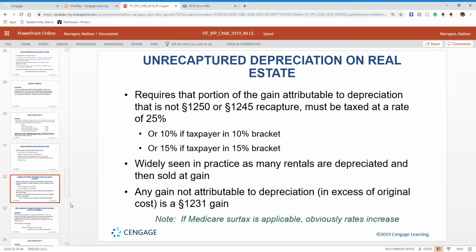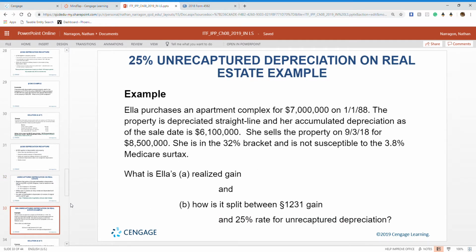Medicare surtax is for if you hit those high brackets, and that's when you have to add that extra 3.8%. So don't worry. I love how the examples are trying to throw in the Medicare, but they do say it's not subject to the 3.8%.